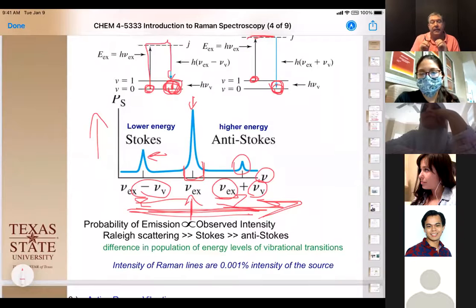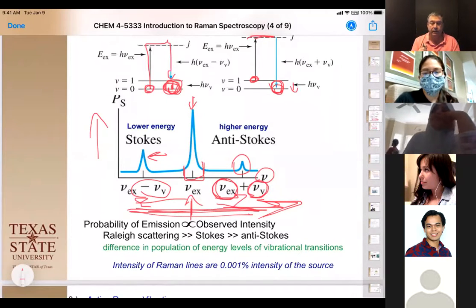And that frequency is related to that difference in energy between the ground 1 state and the ground 0 state. Now, again, this is the frequency of the excited light plus the extra energy we got going not to the ground 1 state, but going past the ground 1 state to the ground 0 state. So that's why it's an increased energy and increased frequency. Okay? Did that answer your question?